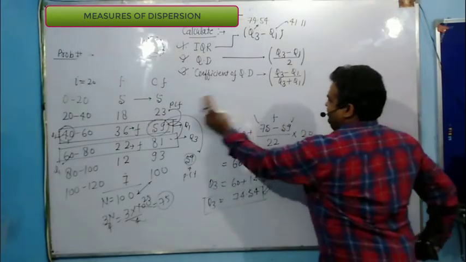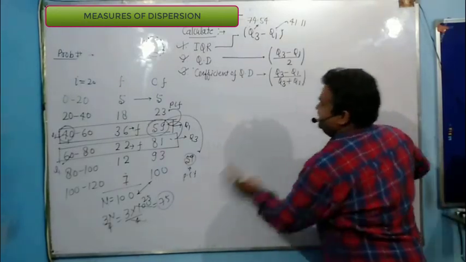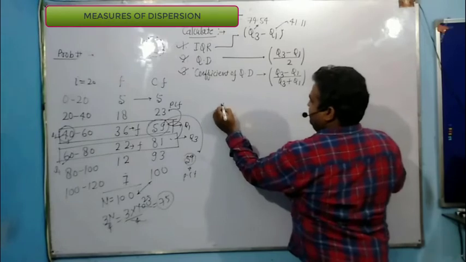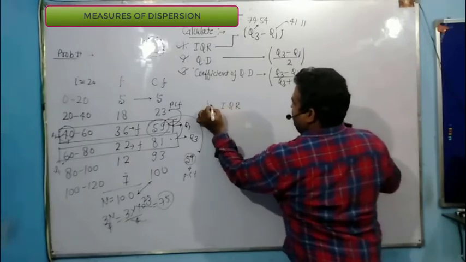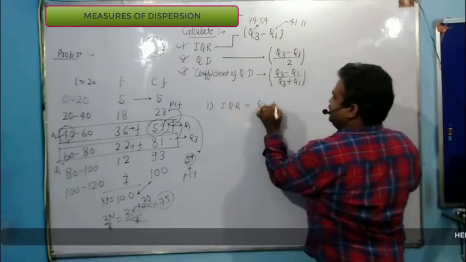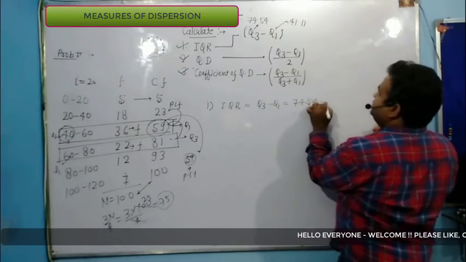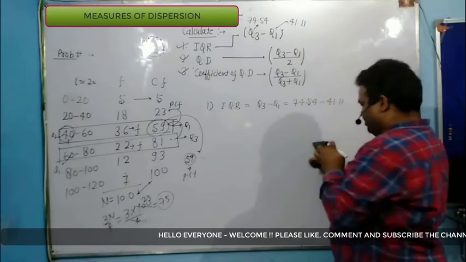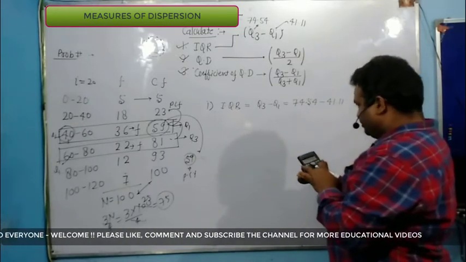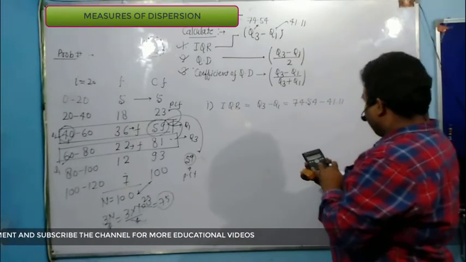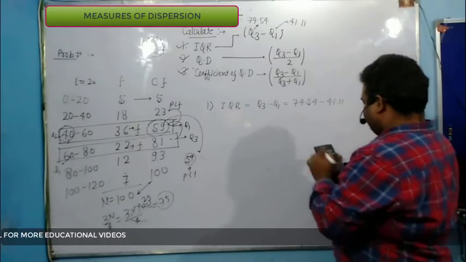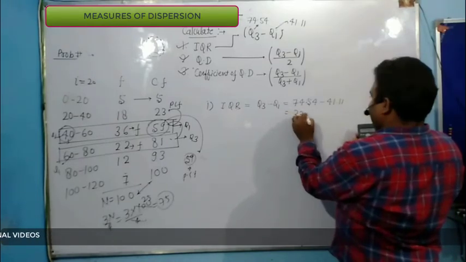Now that I know the formulas of Q3 and Q1, I am going to calculate each parameter. The first parameter is the interquartile range, which is Q3 minus Q1. Q3 is 74.54 minus Q1 which is 41.11, so this comes to 33.43.